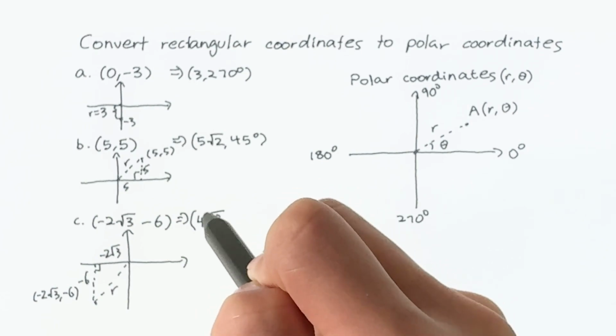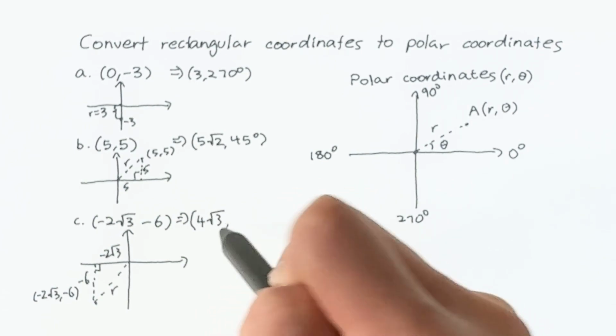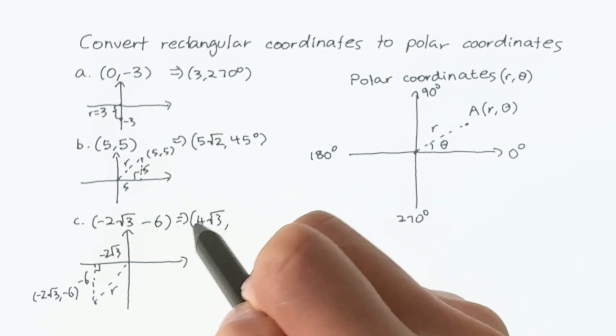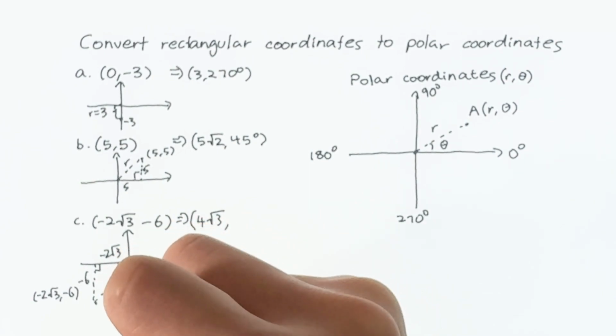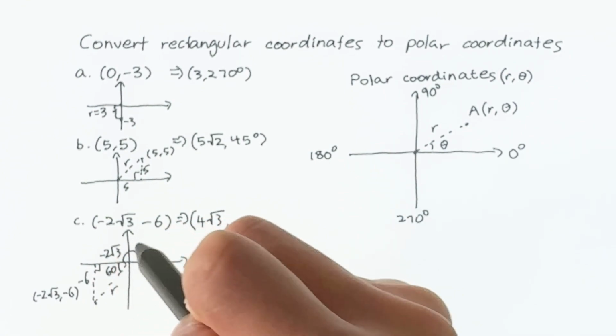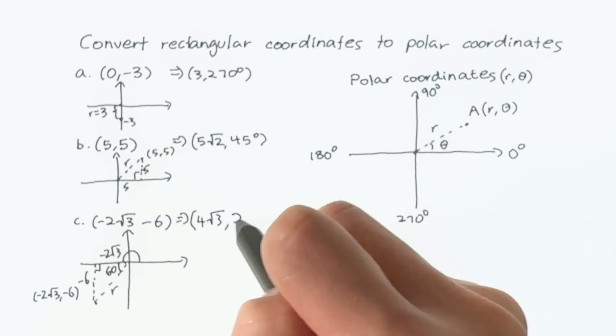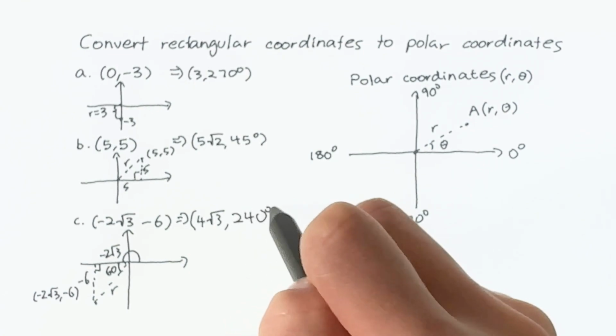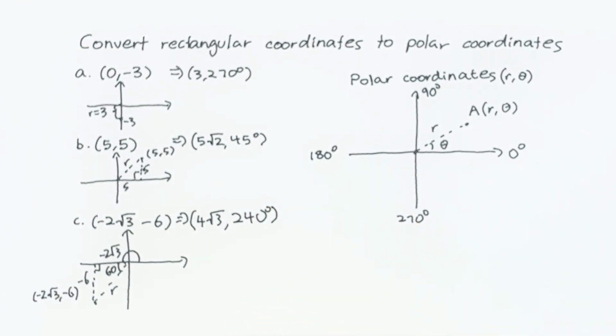These are all positive because we're just measuring the distance. And then for the angle, we know that by the 30-60-90 right triangle this equals 60. And then you have to add 60 to 180, so that will equal 240 degrees. And that is how you convert rectangular coordinates to polar coordinates.